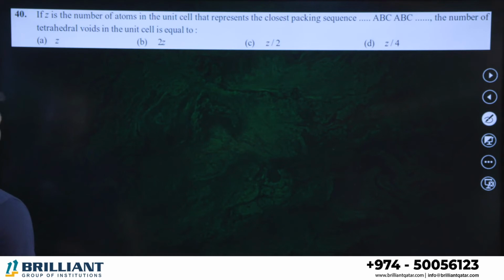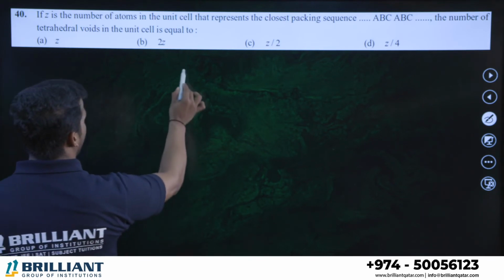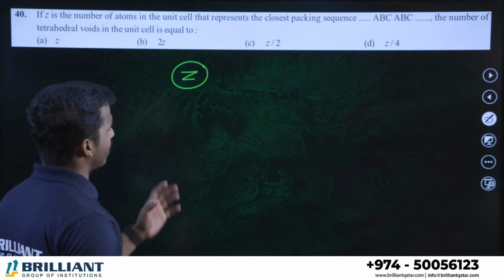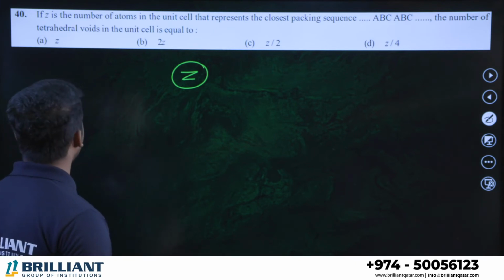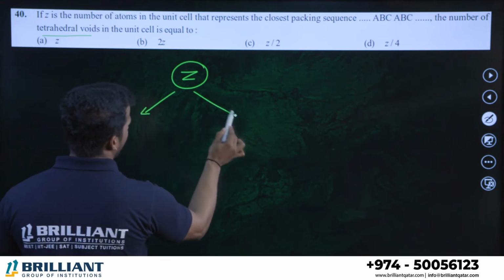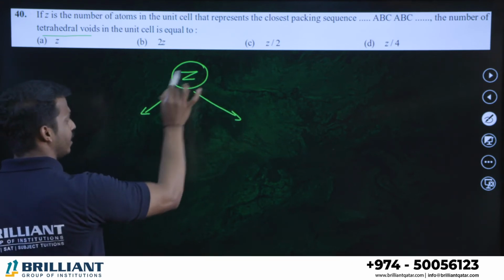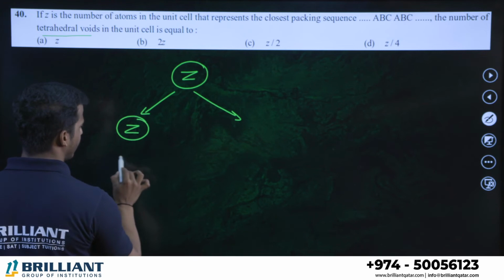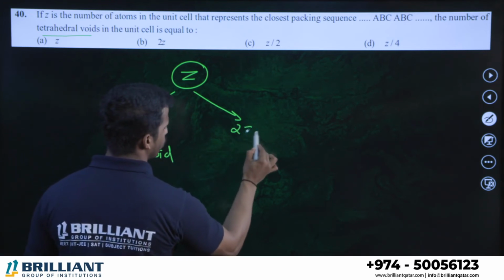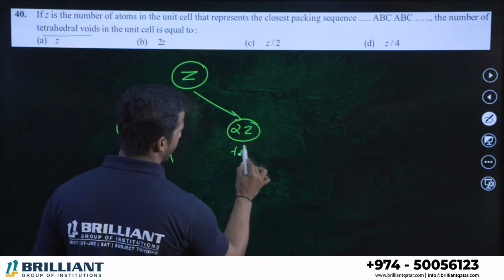Question number 40. If Z is the number of atoms in the unit cell, for a packing system ABC, what is the total number of tetrahedral voids? You know very well, if there are Z number of spheres in the unit cell, there will be Z number of octahedral voids and 2Z number of which one?